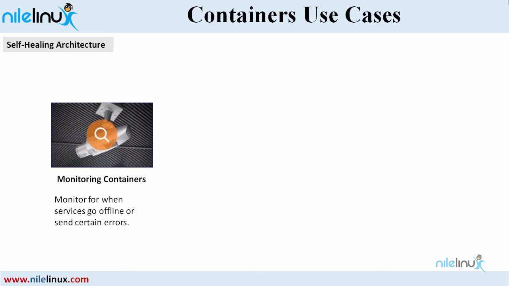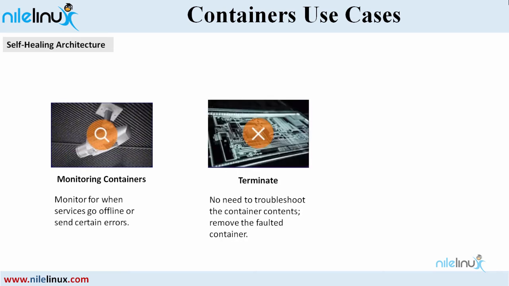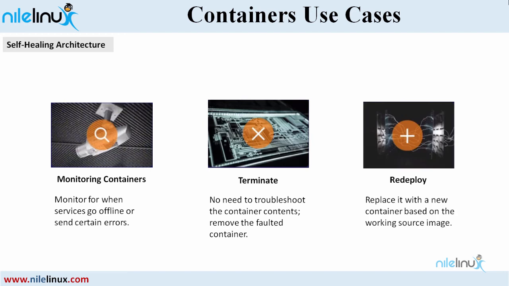And then once that happens, it's automatically going to terminate that container, so there will not be any need to troubleshoot the container itself. It's just going to get removed, and then it's going to get replaced with another healthy container. Keep in mind that, of course, if there is something wrong with the underlying container image, you are still going to have to go ahead and troubleshoot that image.